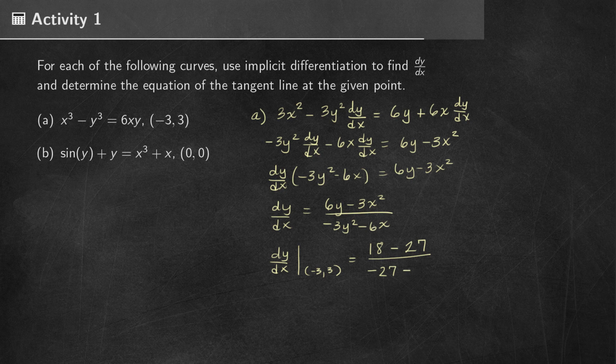So minus 6 times minus 3 is plus 18. So this is negative 9 over negative 9, or 1. So the slope of our tangent line is 1, and the point of tangency is negative 3, 3. So my equation will be y minus 3 equals 1 times x minus negative 3, or x plus 3.